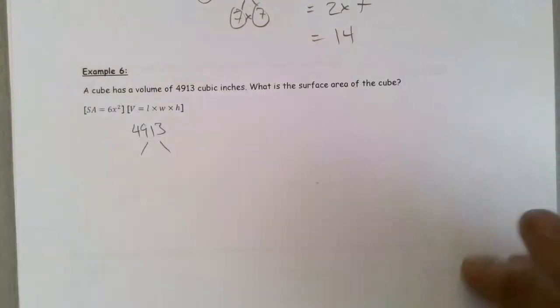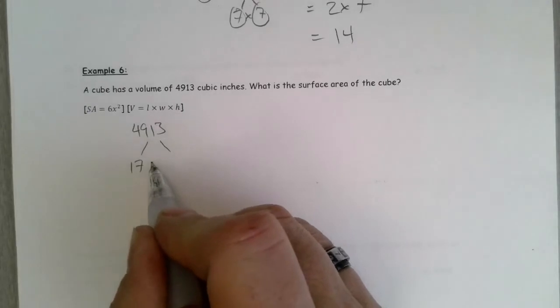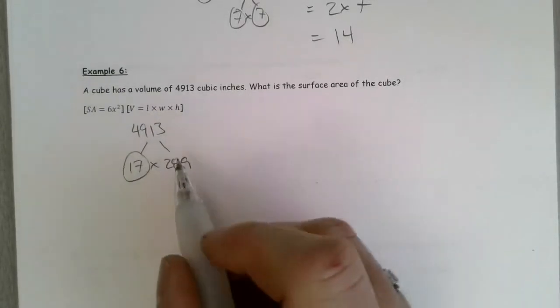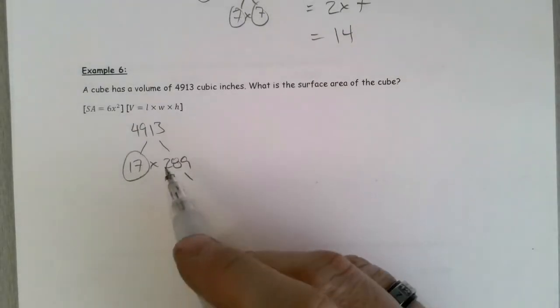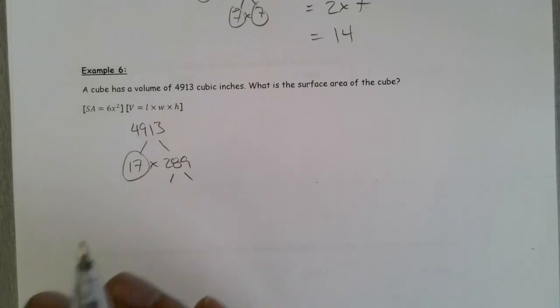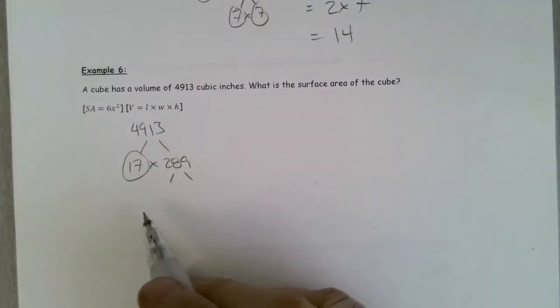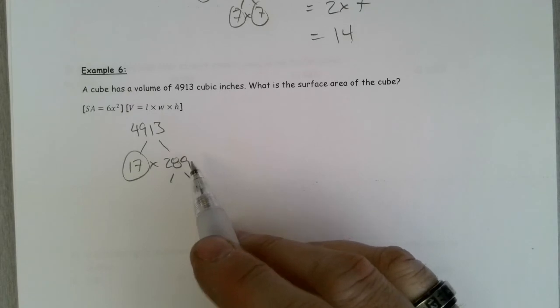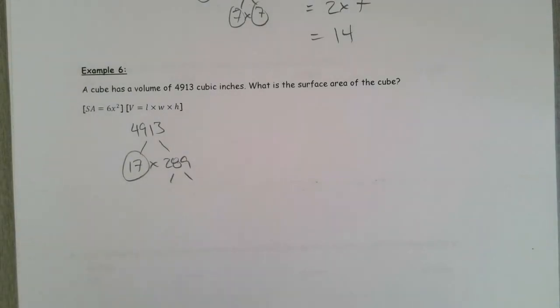This is 17 times 289. So that's my first prime. Now here's the thing. If 4,913 was not divisible by any number up to 17, then 289 won't be either, because if there was another smaller factor in there, we would have found it.